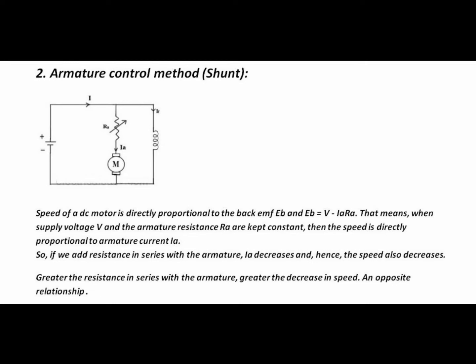So, if we add resistance in series with the armature, Ia decreases and hence the speed also decreases. The greater the resistance in series with the armature, the greater the decrease in speed.